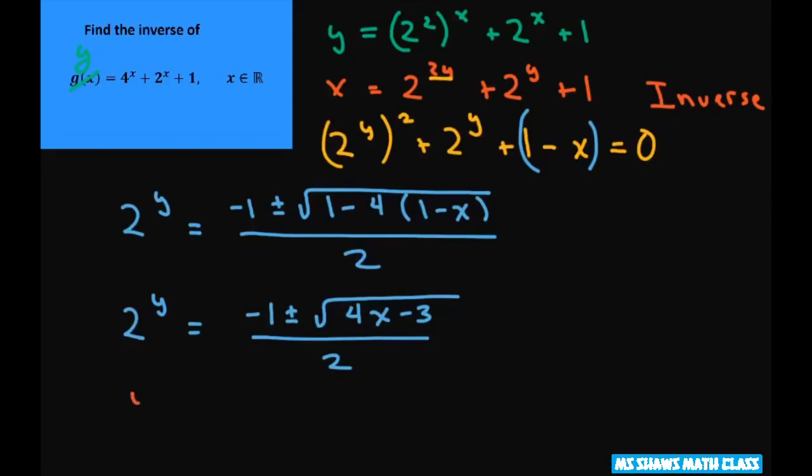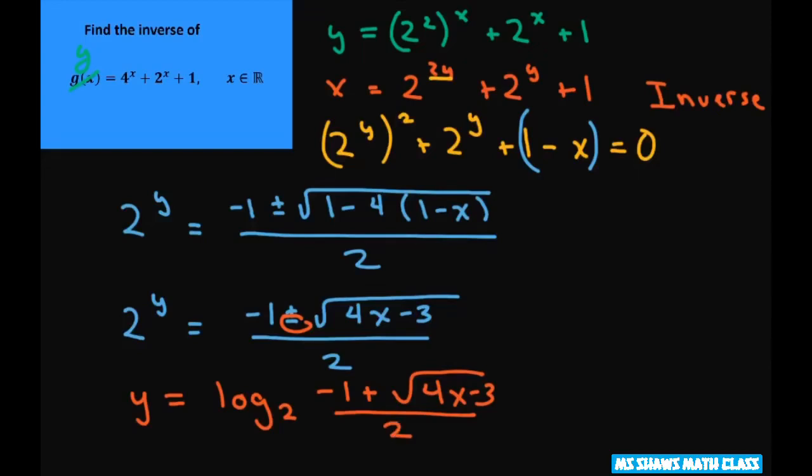And to get the y down, you're going to take log of both sides. So you're going to get y equals log base 2 of negative 1 plus, you can take away the negative because you can't have a negative log, square root of 4x minus 3, divided by 2.